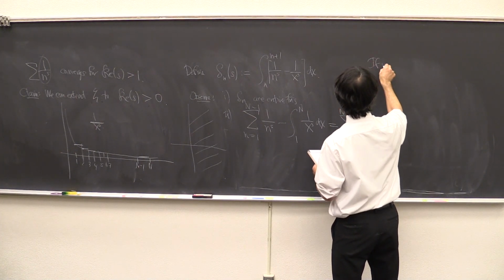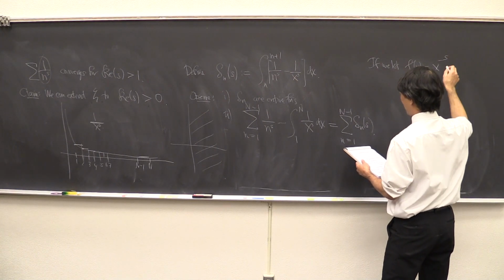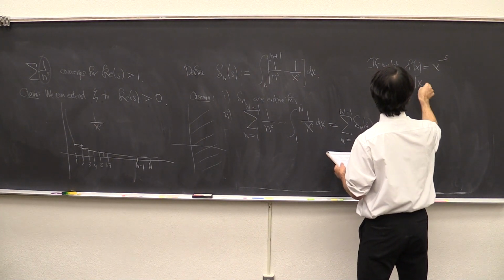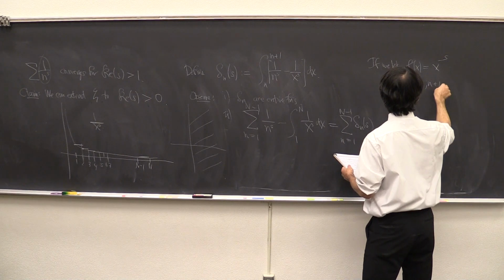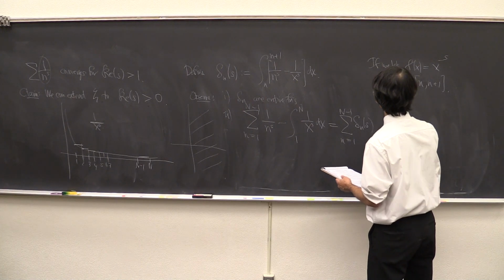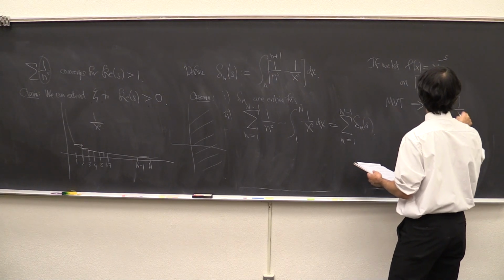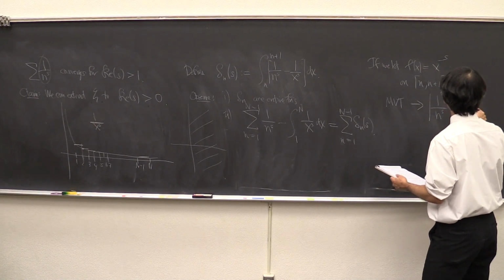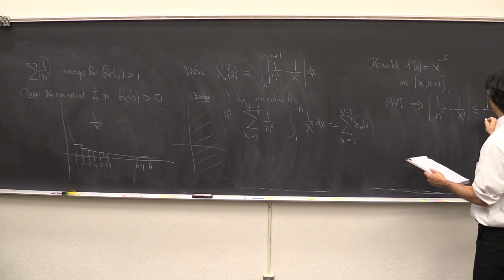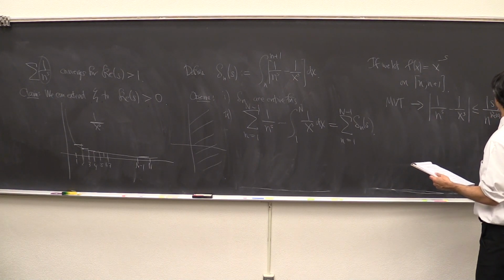If we let f of x be x to the negative s, and consider it on the interval n to n plus 1, then the mean value theorem gives you that the difference between 1 over n to the s and 1 over x to the s is controlled from above by the absolute value of s over n to the real part of s plus 1.